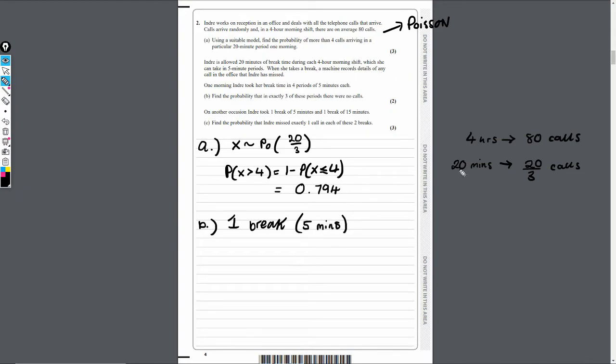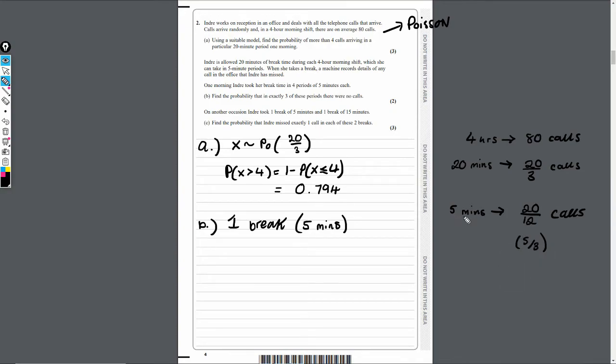So 5 mins. Well, we knew that for 20 mins, it was 2 over 3. So for 5 mins, that's going to be this divided by 4, so times it by 1 over 4. Okay. So we've got our new Poisson value here, our lambda.